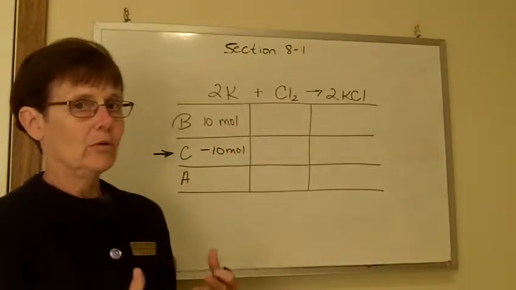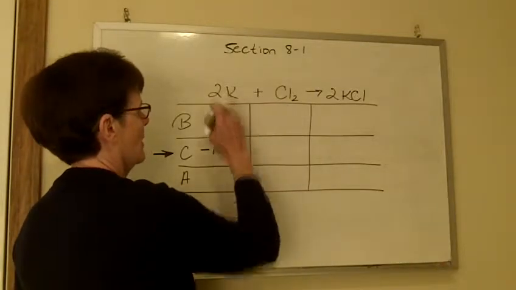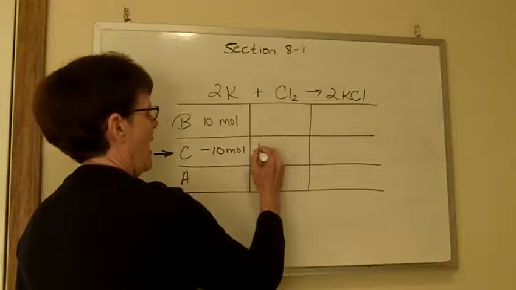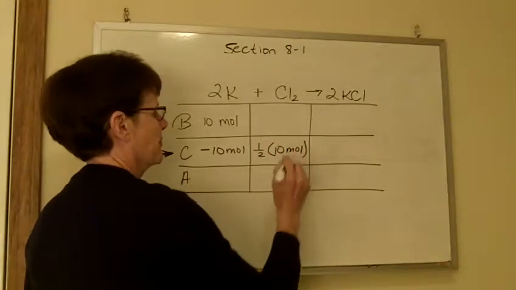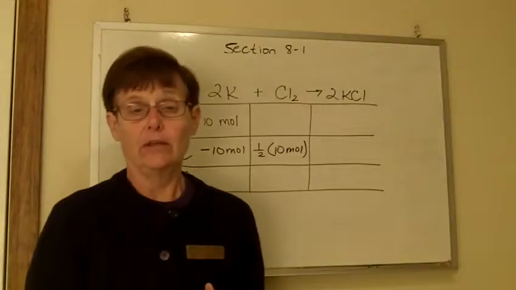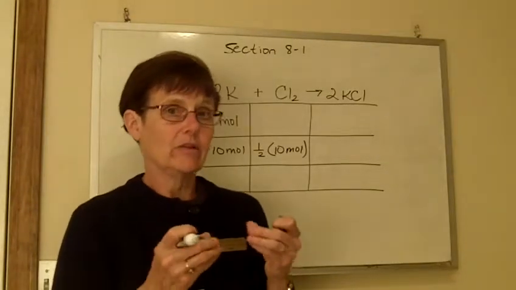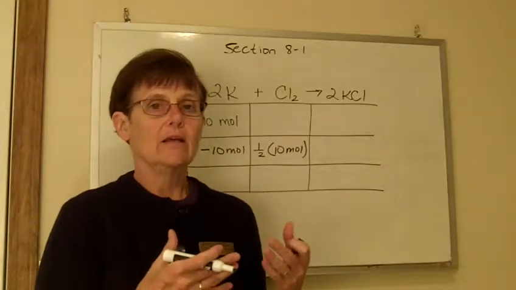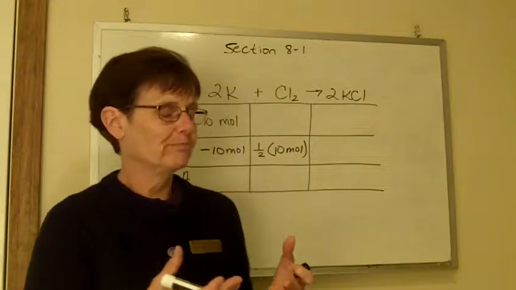So can you kind of see where we're going here? We need to have half as many moles of this as of this. So I'm going to say half times 10 moles. Now, I know you can do that in your head, but it's okay. I'm going to write it out this way so that later on, if you're looking back at this in your notes or something, you would remember where did the number 5 come from.